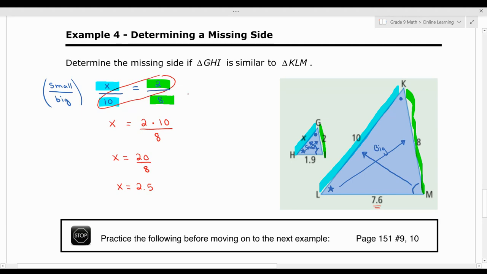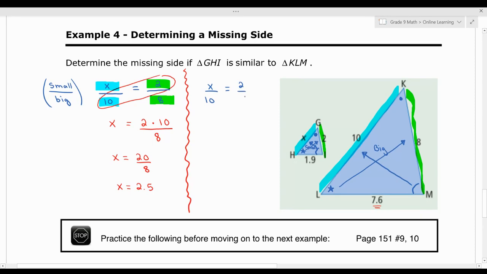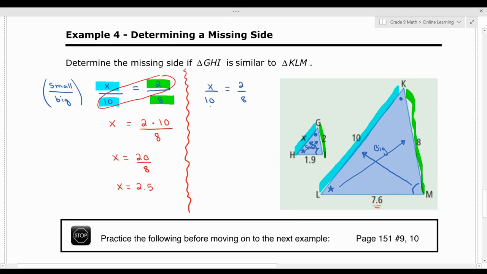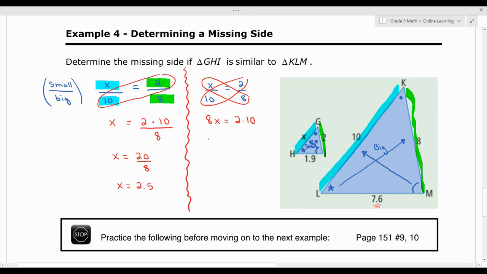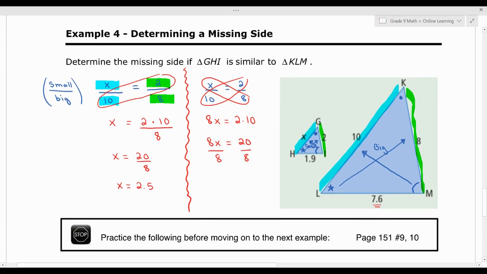Now if you're not really sure what I did there, I'll show you again. We had x over 10 is equal to 2 over 8. All I did is go top times bottom, instead of going top times bottom here, where I would get 8x is equal to 2 times 10, then 8x is equal to 20, and then divide both sides by 8.